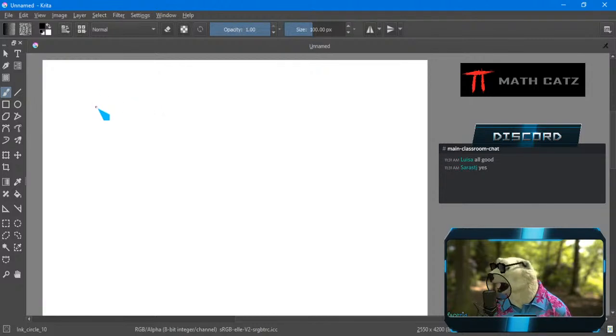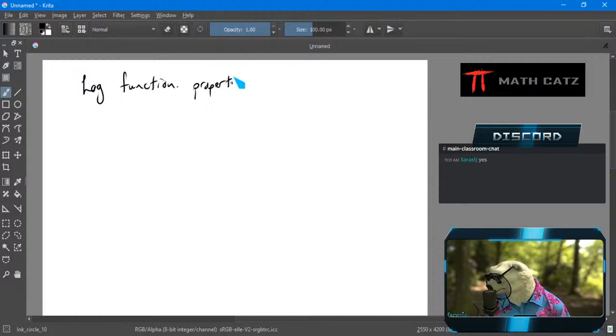Okay. So where are we? We have looked at the natural logarithmic function and we expanded that to the general base logarithmic function, but regardless of which base you look at, we had some properties.